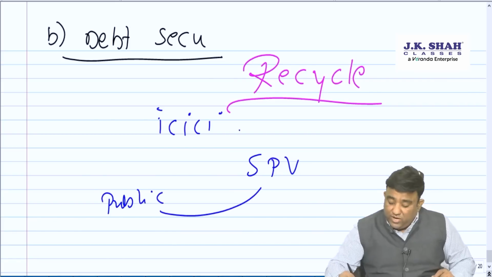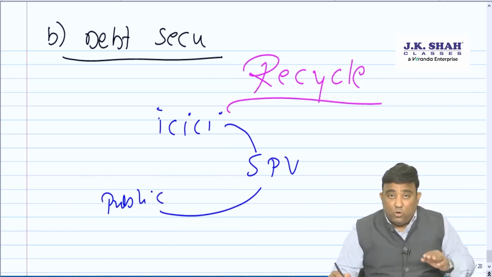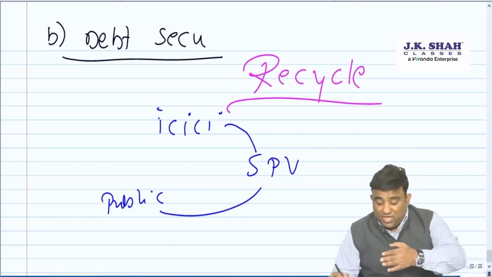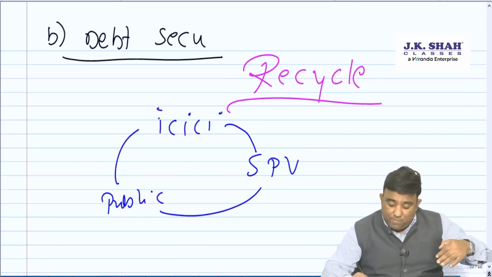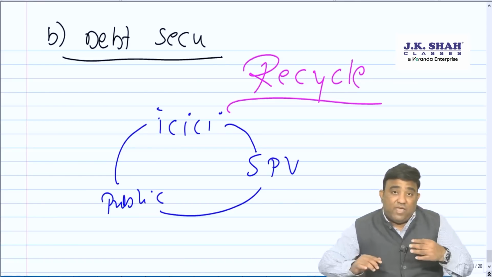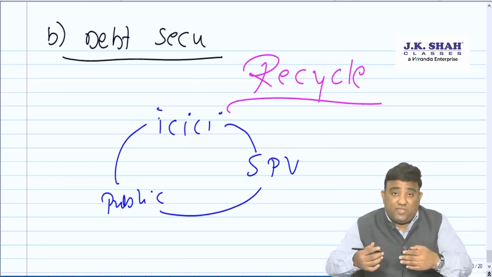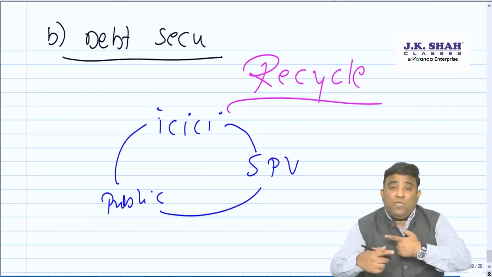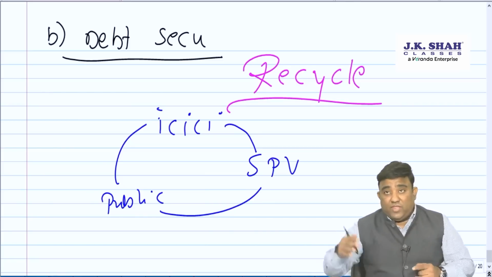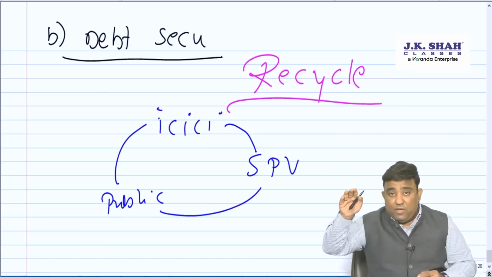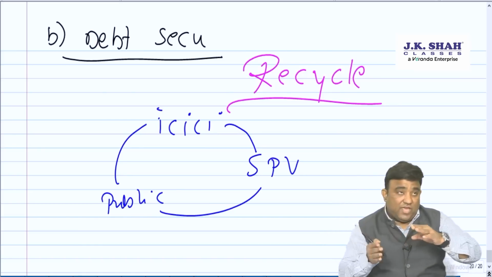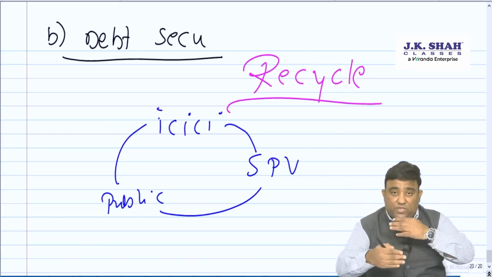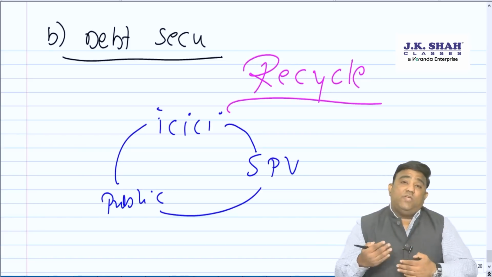So ICICI gives loans to the public, ICICI goes to the SPV, the SPV again goes to the public, the public goes to ICICI, meaning the public will again start approaching ICICI for getting home loans. And this recycling of funds will go on and on. ICICI gives loans to the public, the public gives funds to the SPV, the SPV gives funds to ICICI. This securitization process will go on and on.